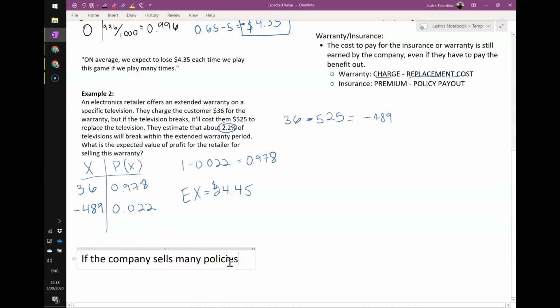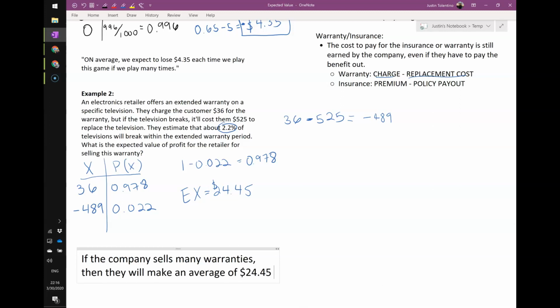If they sell many policies, or sorry, warranties, then they will make an average of $24.45 per warranty. So what we see, again, is that in the long run is represented by selling many warranties. It's an average, and it's in context. We're talking about warranties, cost, and then making $24.45.